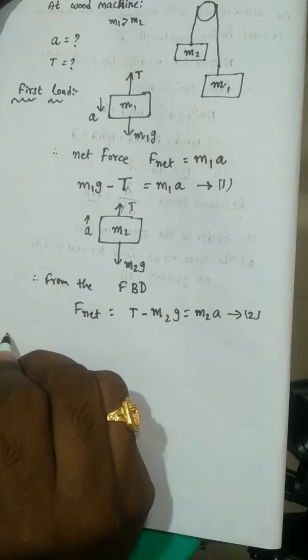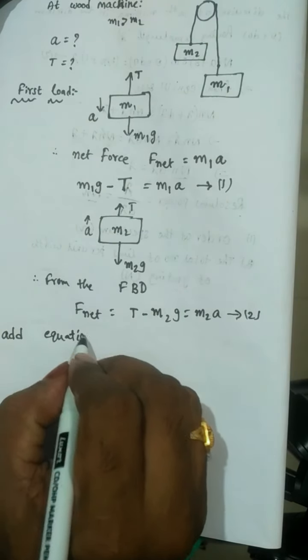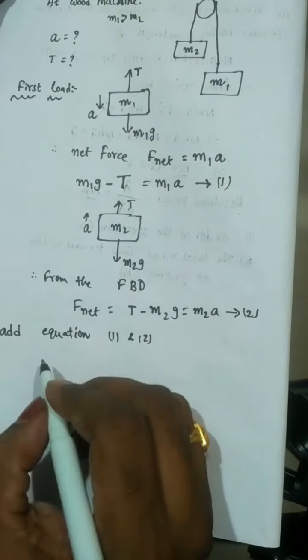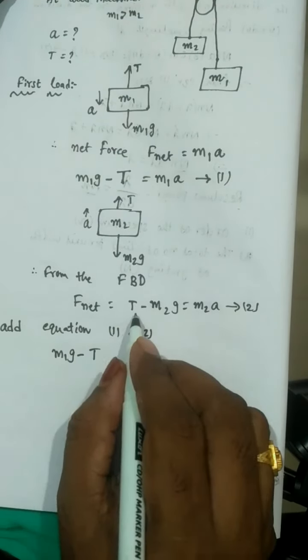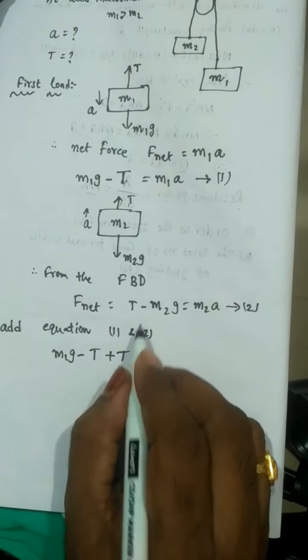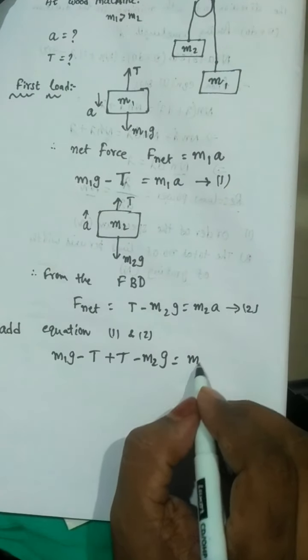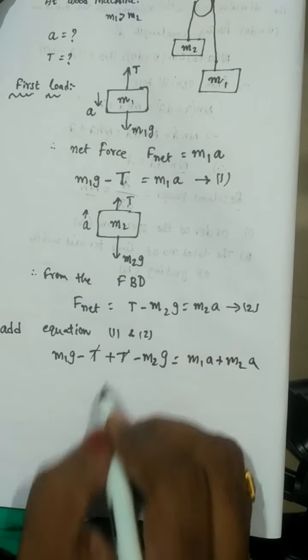Now we add equations 1 and 2. The left side is m1g minus T plus T minus m2g, which equals m1a plus m2a. The T cancels.